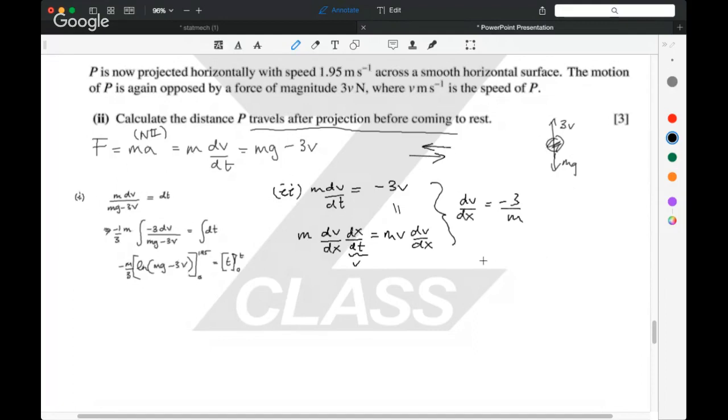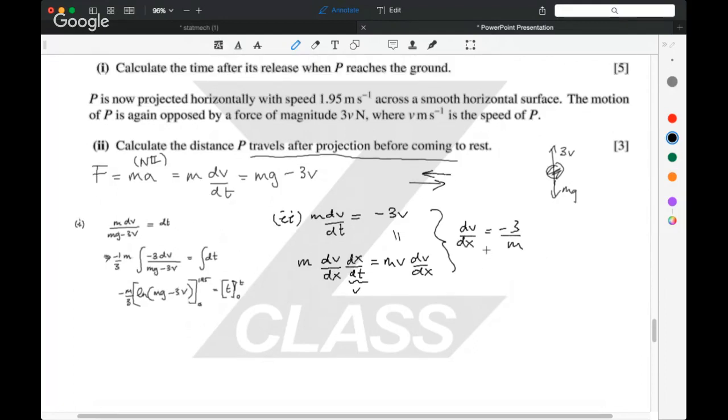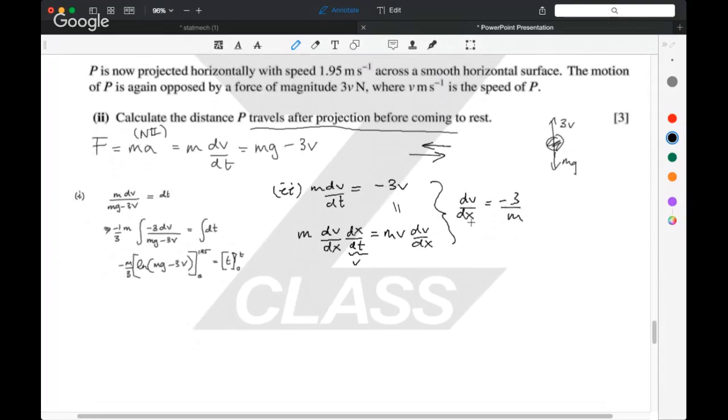Well, this is much, much easier to work out, which is probably why it's worth fewer marks. So we've got the integral of dv equal to the integral of minus 3 over m dx. I want to talk about the point at which it starts moving as x equal to 0, and the point at which it finishes moving as some x, some distance.